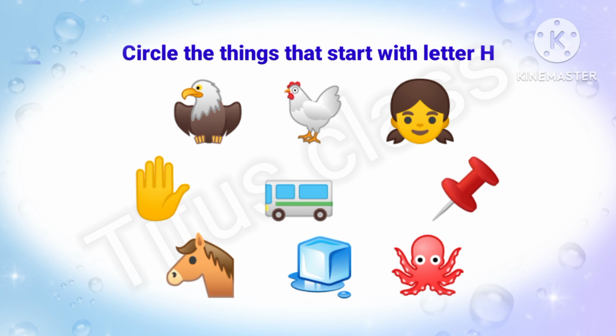Second one, yes, it is hen. Ha means H. So, I will circle hen. Start with letter H. Next is girl. No, it start with G.